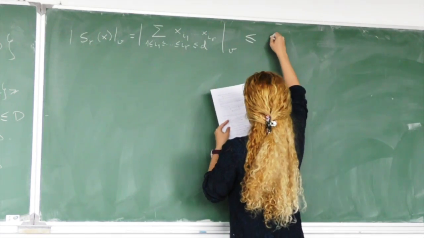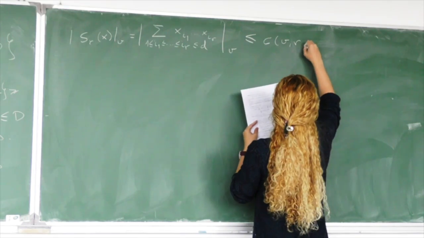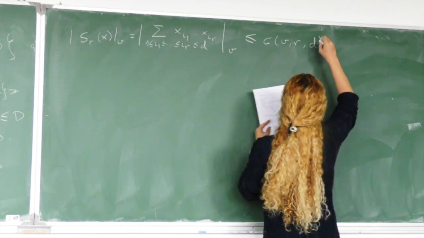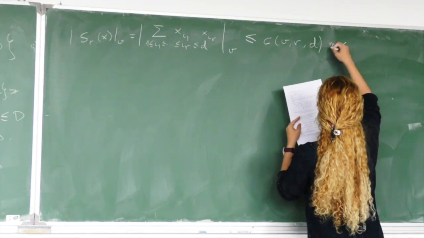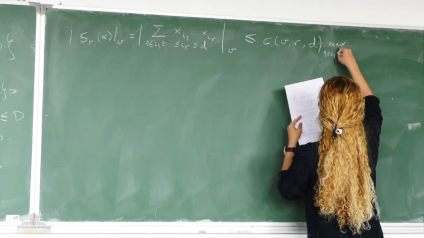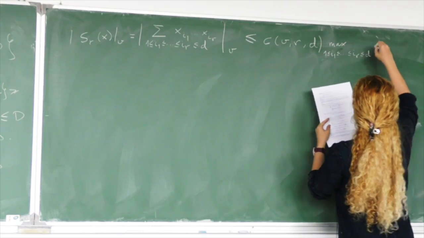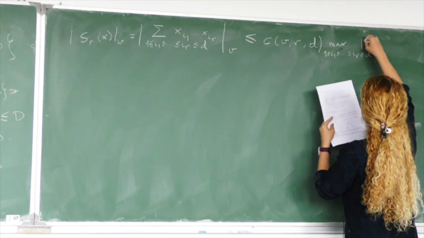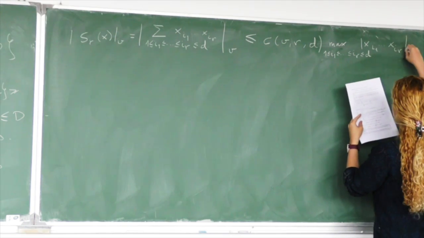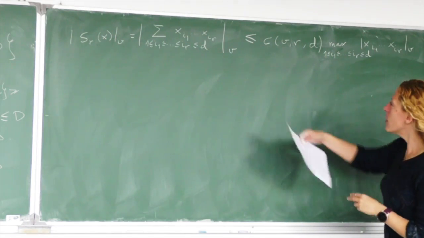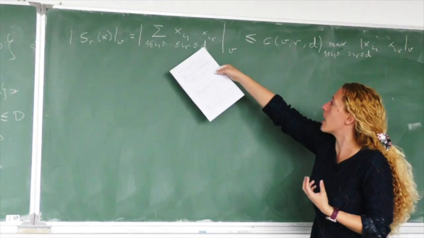This is less or equal, so now I'm going to write this constant explicitly to say who it is, times the maximum, so again the x_{a1} ... x_{ar}, less or equal than d over r of this. Okay, so what did I do here? What I used was the triangle inequality, but many times, because here we have many factors.